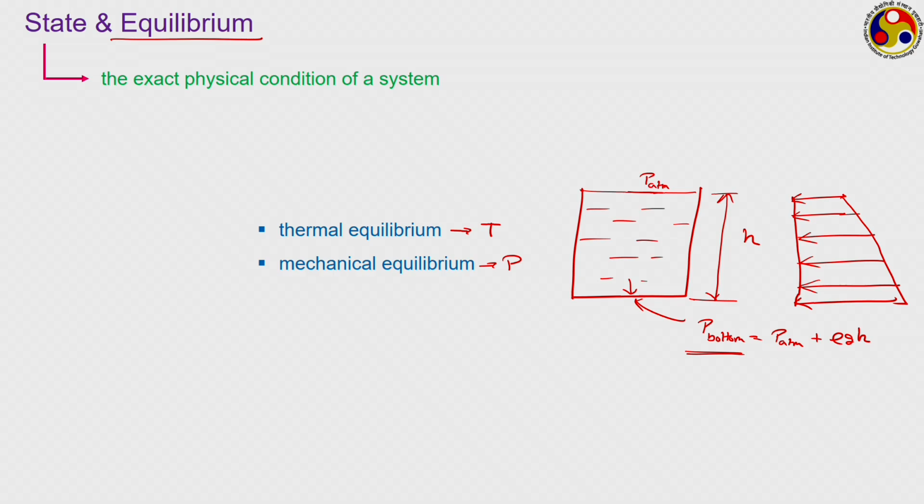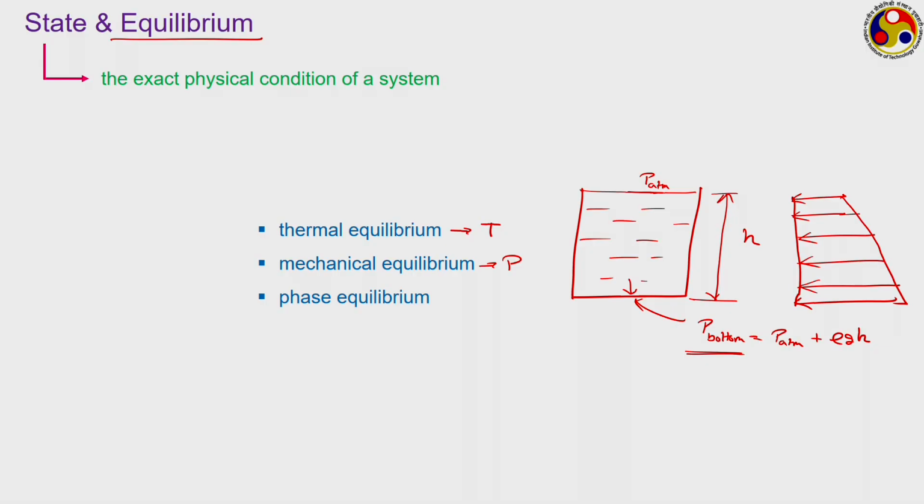This system is said to be in mechanical equilibrium because the pressure, though varying with space inside the system, compensates for the body force field like gravity in this example. Mechanical equilibrium is therefore associated with the absence of any unbalanced forces in the system. Here the forces are balanced because the pressure force and the gravitational force balance each other.